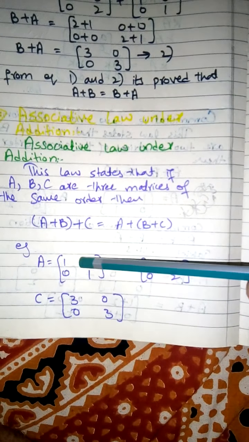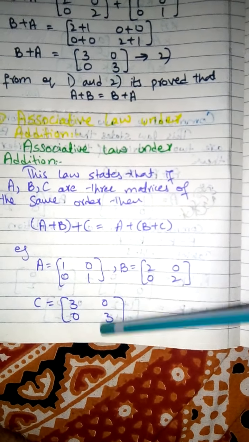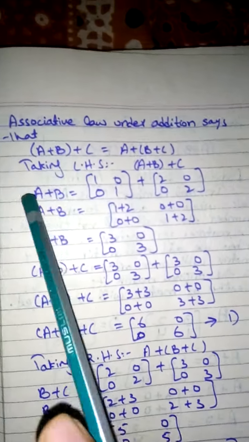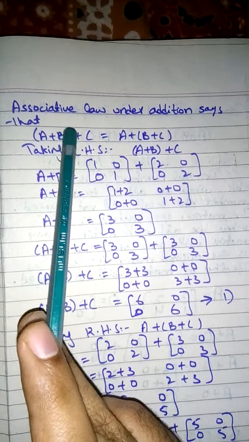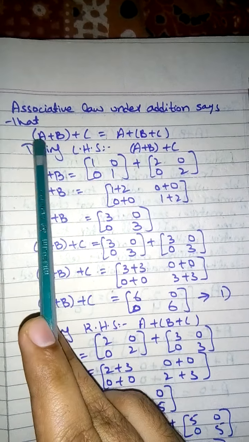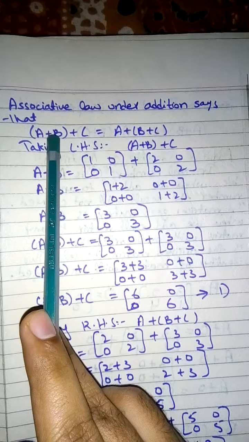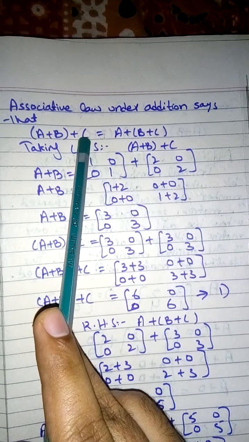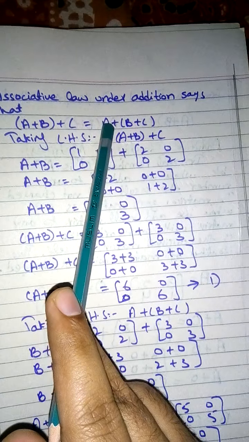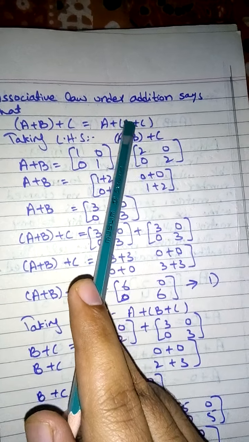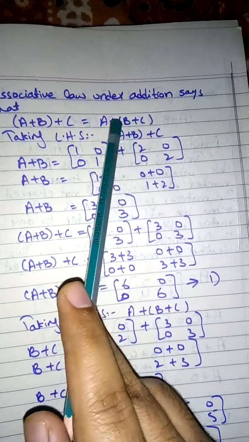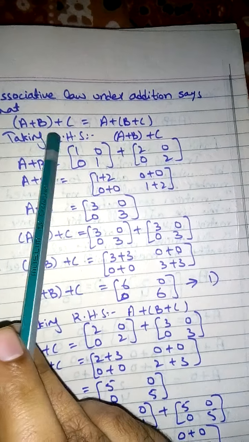For example, look here, we have three matrices of the same order, and the associative law says that (A + B) + C equals A + (B + C). That is, on the left hand side we find the sum of the first two matrices and then add the third matrix, and on the right hand side we find the sum of the last two matrices and then add the first matrix to the sum. The answer will be the same.